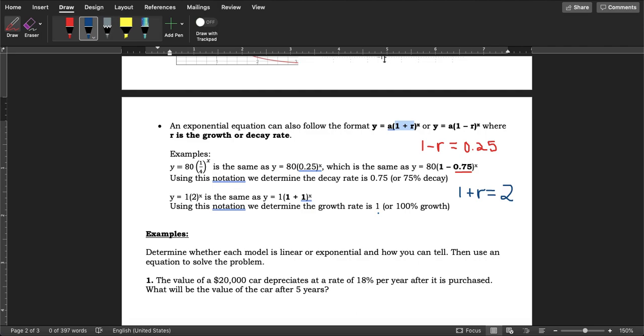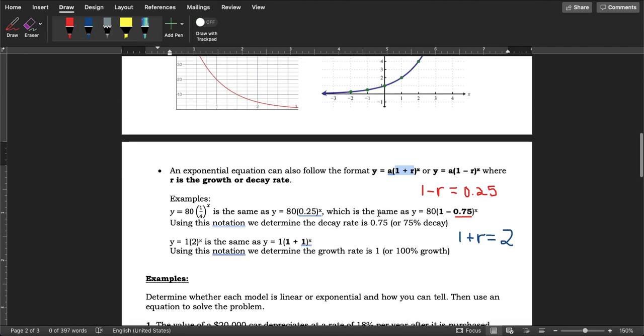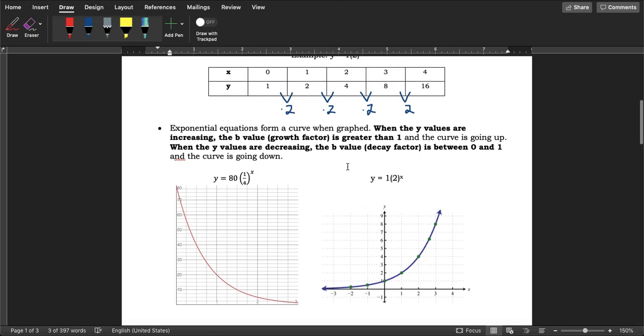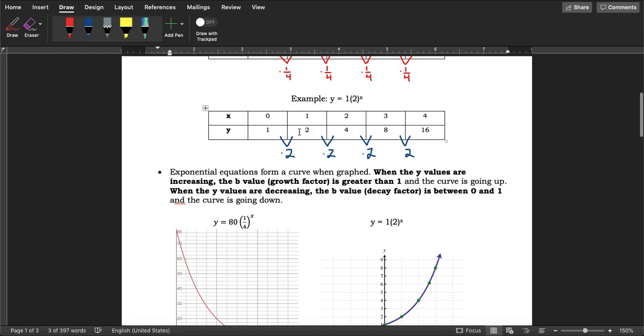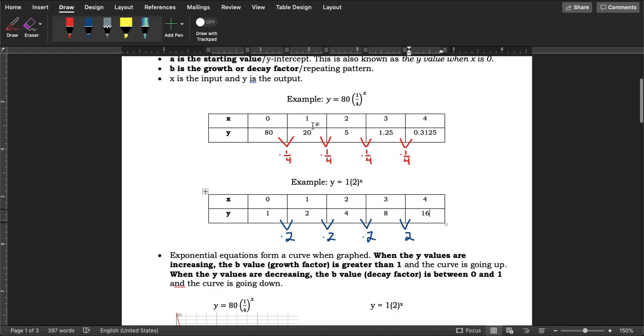Which makes sense because when you're growing by 100%, that means that you're basically doubling. That means that you're keeping 100% of the original and adding that on, which is what we're doing here. We're doubling the number every single time, meaning we're adding on 100%. Here we were deducting 75%.